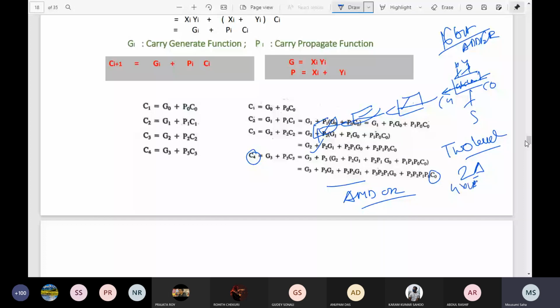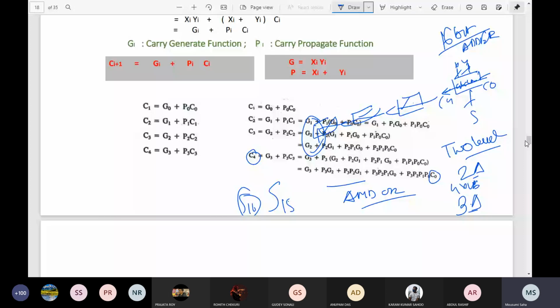But for the last case, if you want to get the value of S15 or S16, whatever it is, the last summation bit, at that moment you need 3 delta time. Because for the carry look ahead adder circuit also, for the last case when you want to find the sums, that depends on X, Y or Gi, Pi and Ci.